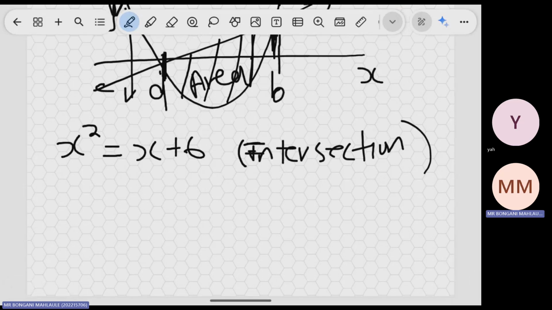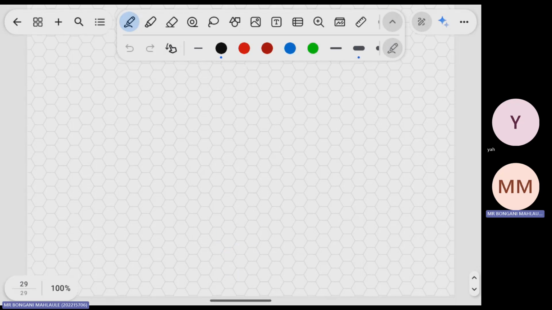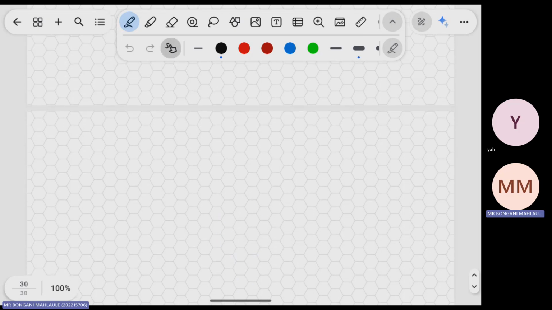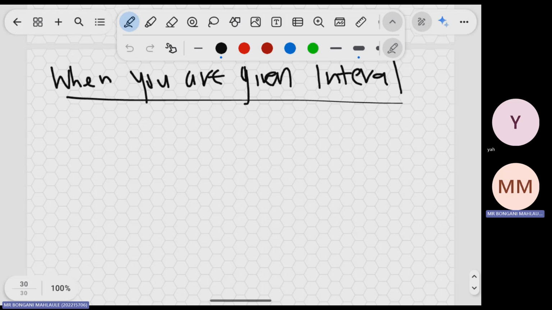And then with the one whereby you are given an interval, let me also write it here. When you are given an interval, you'll use this formula. It's there on your guide.